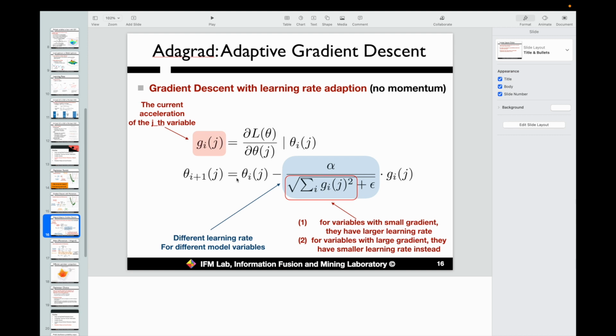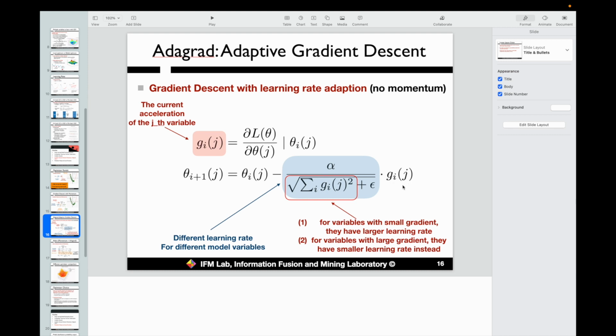Then we do some minor changes to the updating equation. We're updating this J's variable for the next iteration, I plus 1's iteration for J's variable, according to this formula. This part is very trivial, right? We are updating this according to the previous variable value, and we minus the term which is decided by both the learning rate as well as the gradient, right?